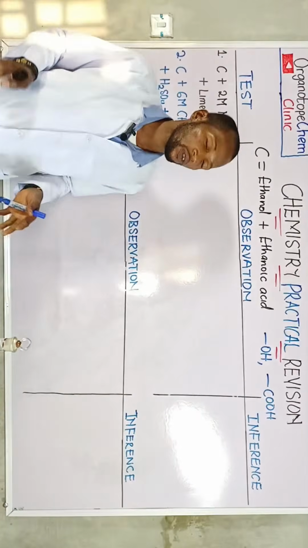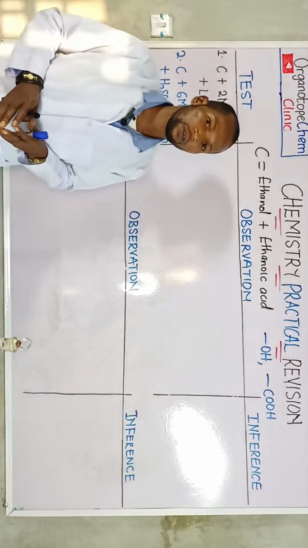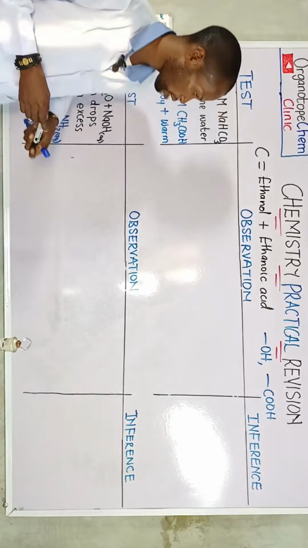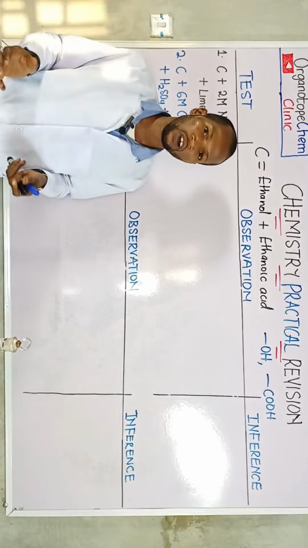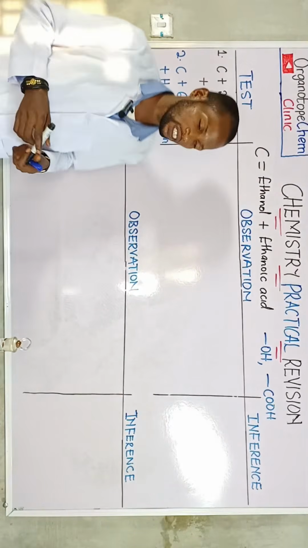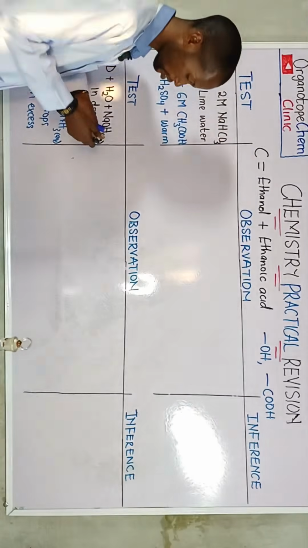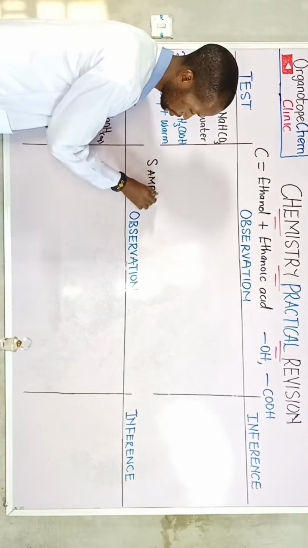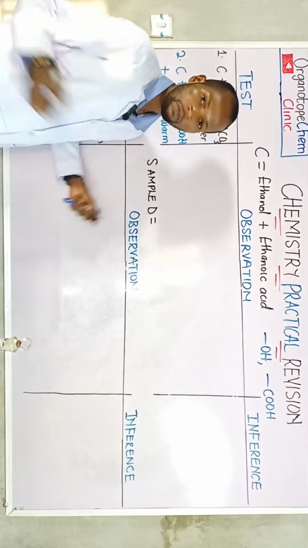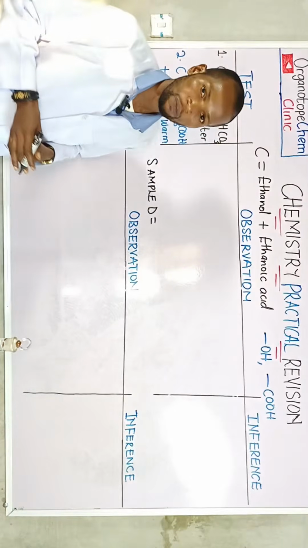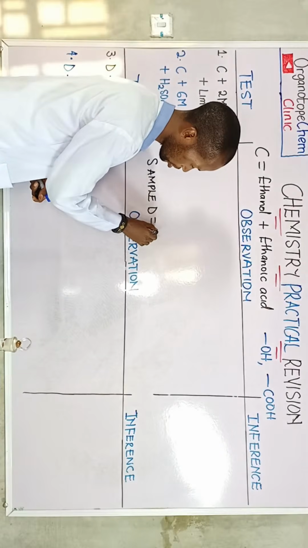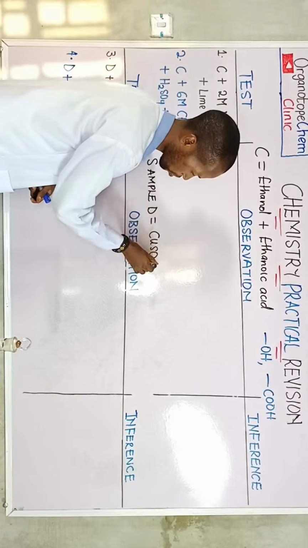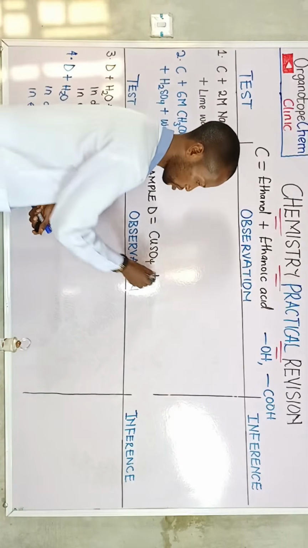So that is for the organic analysis. The second one is inorganic analysis. That means we have a mixture of inorganic compounds in sample D. Sample D equals a mixture of two inorganic compounds: copper sulfate as well as sodium chloride.